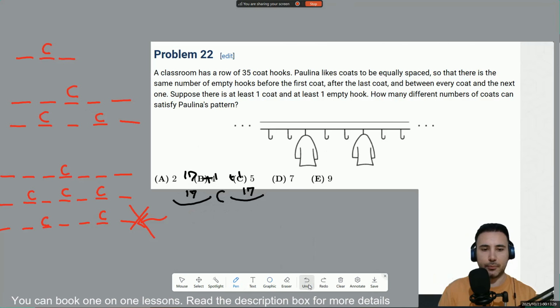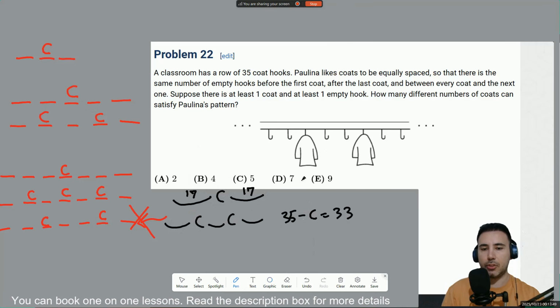So that works. Now let's see, can I have 2 codes? So 35, 2 of them are going to be codes. If I have 2 codes, how many spaces do I need? I need 3 spaces, right? So 35 minus 2, because codes are 2, 33. Can we divide 33 by 3? Yes, 11. So that's the next answer.